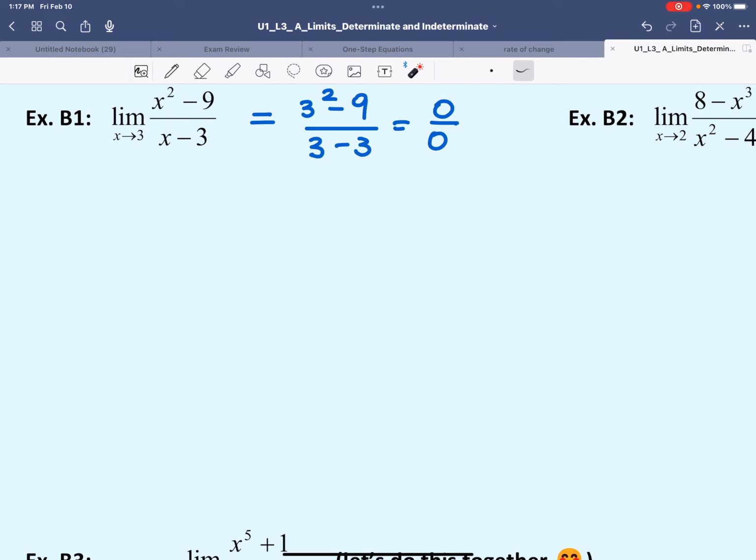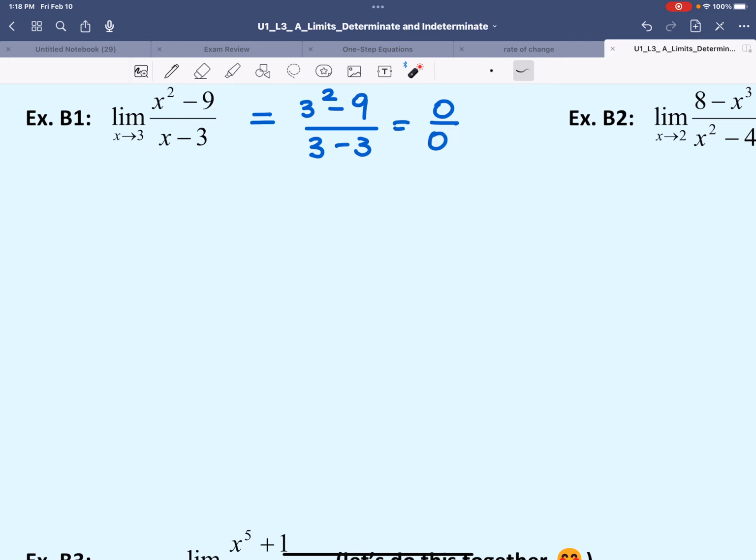The next advantage to trying to evaluate the limit by direct substitution here would be understanding the nature or the reason why this limit is indeterminate. As you can see, the value of the numerator at x equals 3 equals 0. And so is the value of the denominator at x equal to 3.